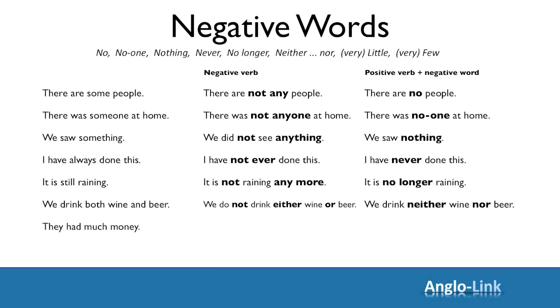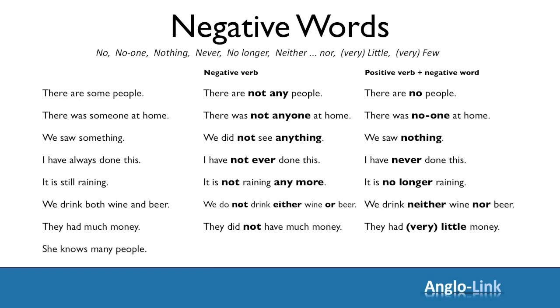They had much money. They didn't have much money. Not much is little or very little. Let's put that in the sentence. They had little money. They had very little money. And our last example.